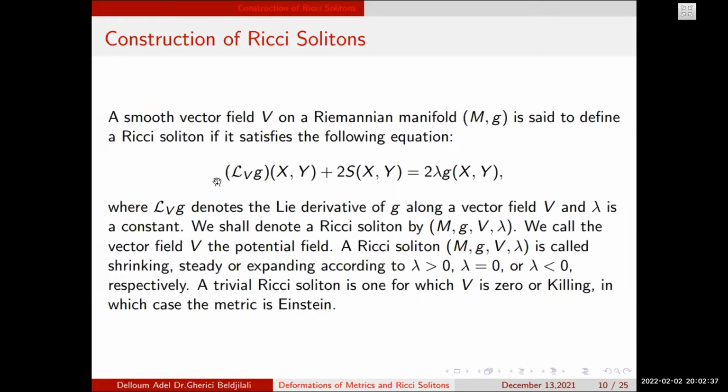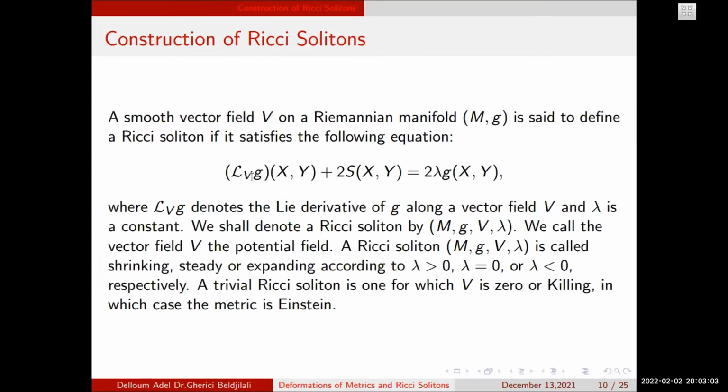So this is a Ricci-Soliton. A Ricci-Soliton, like I said, is a Riemannian manifold associated with a vector V and a constant lambda that verify this equation. We said in the introduction that it is a generalization of Einstein manifolds. Well, Einstein manifolds are basically where the Lie derivative is vanishing here.